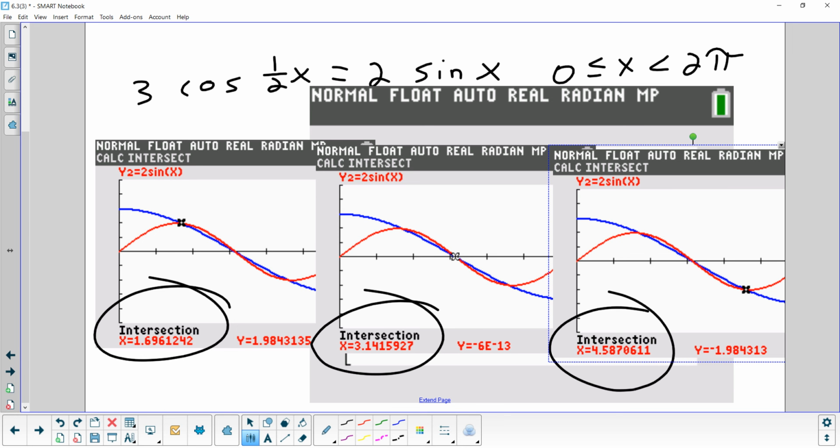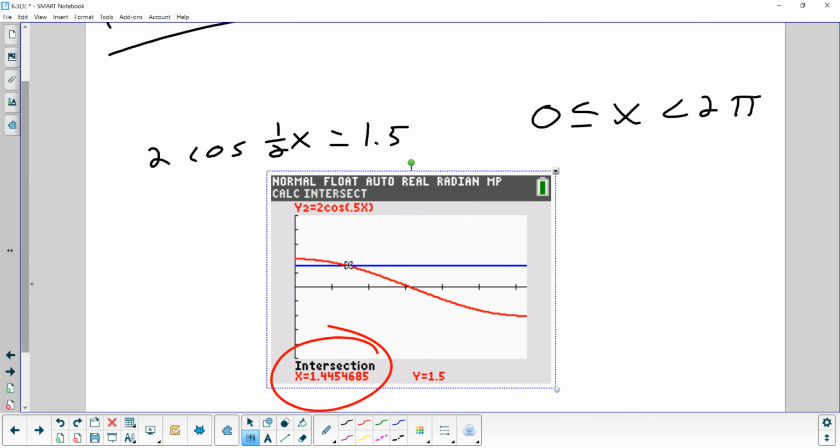So last one. Let's say we had a graph like, let's go back to this one for a second. And we wanted to know not where the red graph and the blue graph were equal, but where maybe the red graph was below the blue graph. If we wanted that, we wouldn't have an equal sign here.